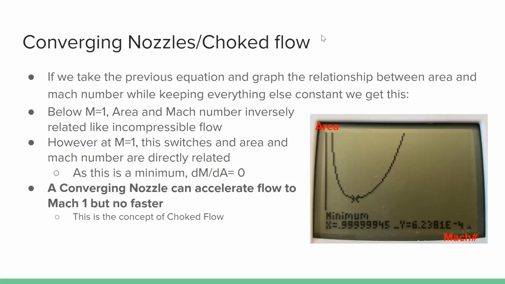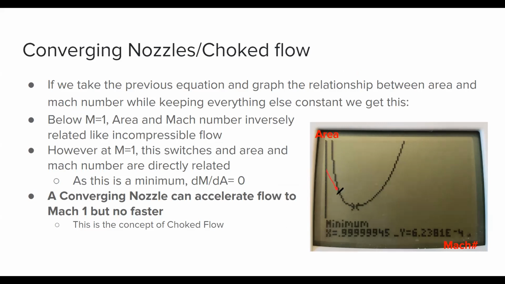So this is the original concept. Let me draw this out. So if you put a tangent line here and say this is 0.3, this is the original continuity equation we used, and then here it transitions to the one I showed on the last slide. But anyway, this continues the inverse relationship between area and velocity or Mach number up until you get to Mach 1.